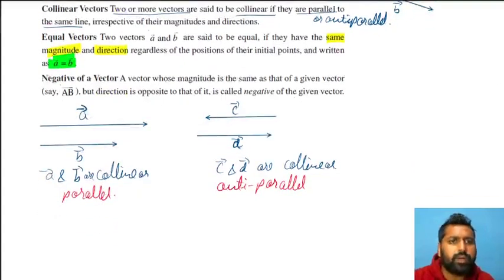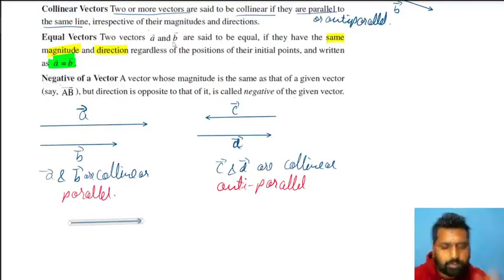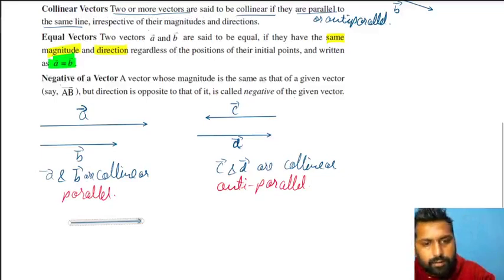So equal vectors will look like this. I have the copy paste, and I'll use that.